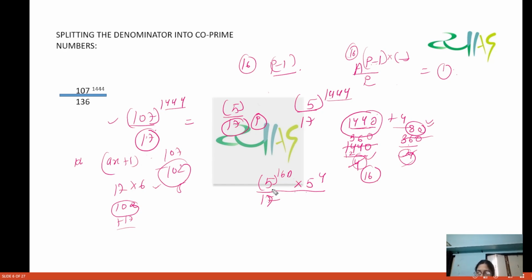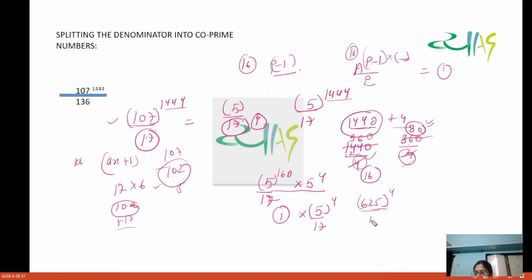Now we know remainder for this is 1, and remainder for 5 to the power 4 divided by 17 we can calculate. Just multiply. So you know that 5 to the power 4 is 625. All right, and this division can be done.